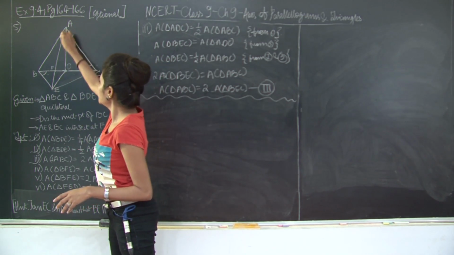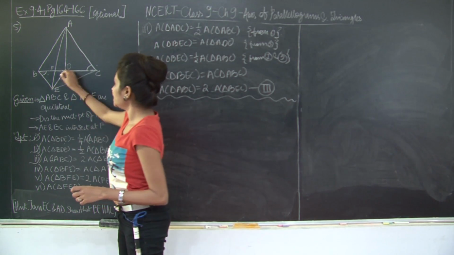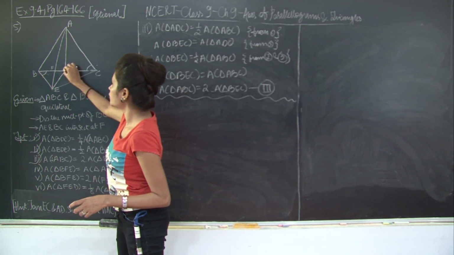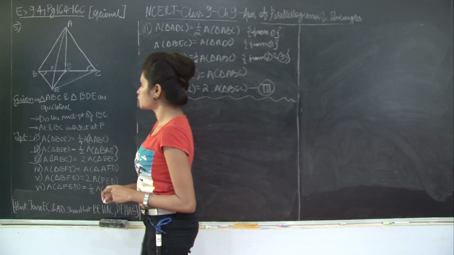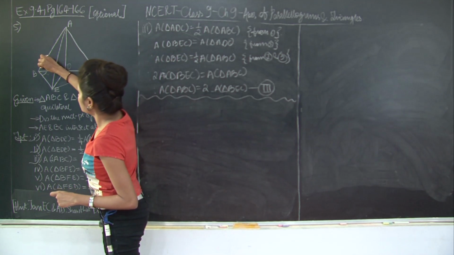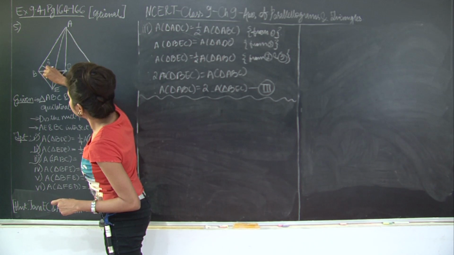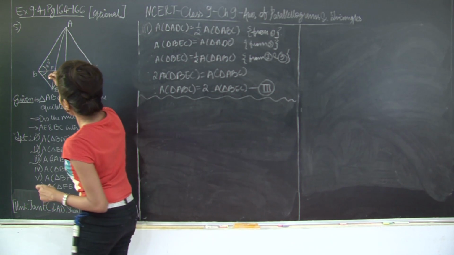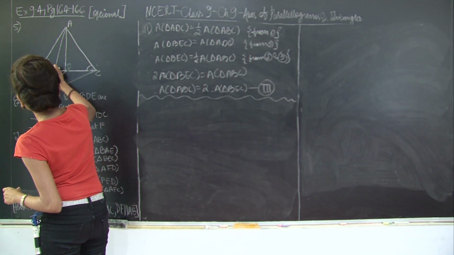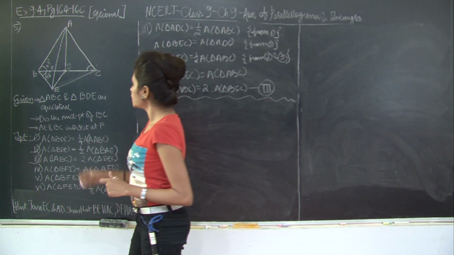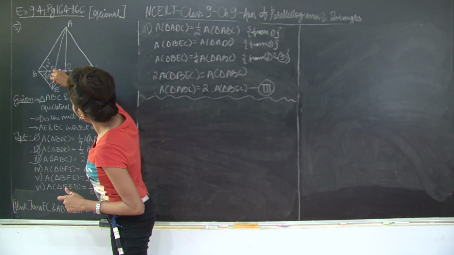BED and AED. Now, BED and AED, they lie on the common base ED, and also if you notice, this angle here is 60 degrees, this angle here is 60 degrees, because they are angles of equilateral triangle, right. And also this angle here is 60 degrees.